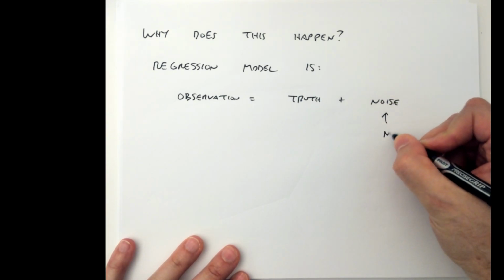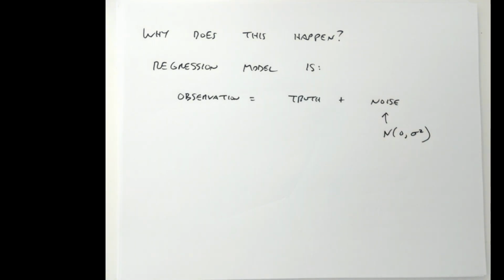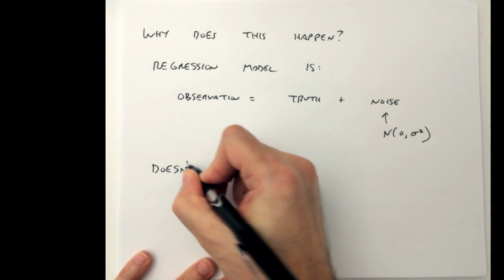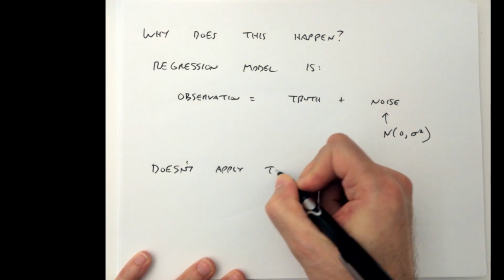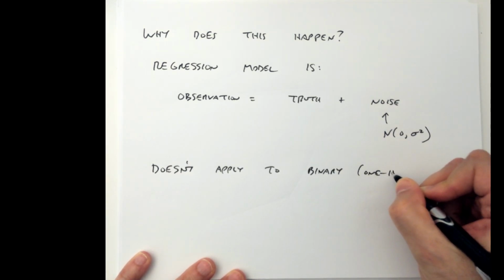And this noise is Gaussian. Our assumption is that the observations that we see are close to our model plus a little bit of fuzzy noise, right? But the problem is that this doesn't really work for binary observations or one-hot vectors.